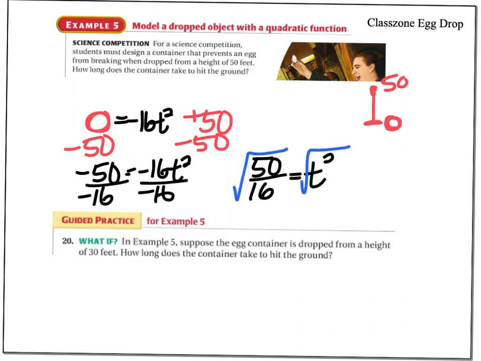And you would need to simplify this if we were leaving it in simplest radical form, but since we're talking about something that we actually might be interested in, how long it takes the egg to hit the ground, you can use your calculator on situations like these and just take the square root of 50 over 16, and you will see that your time is plus or minus 1.8 seconds.